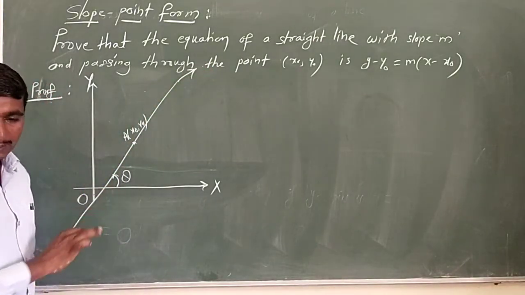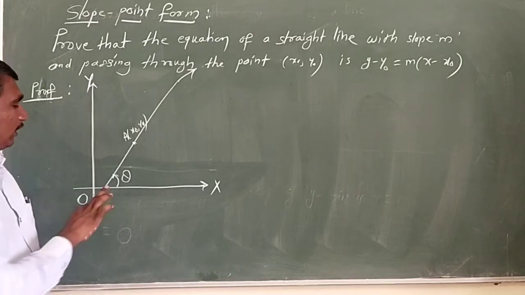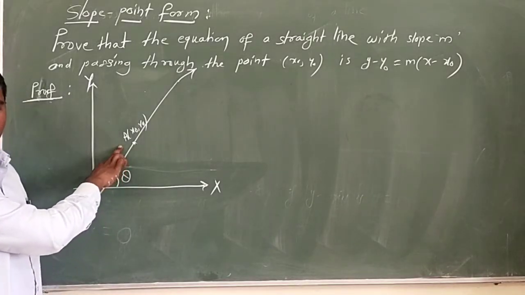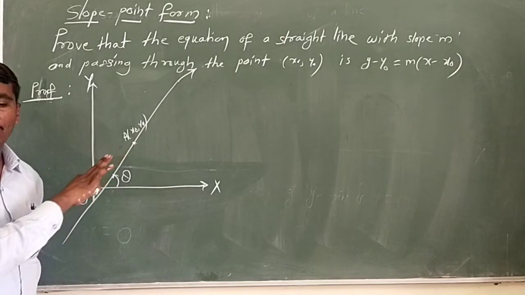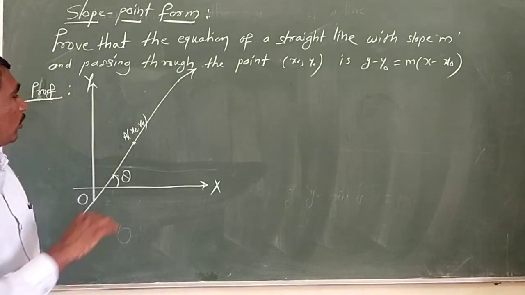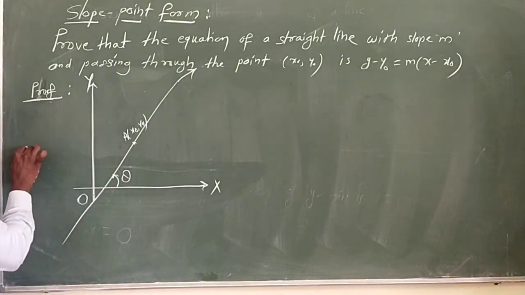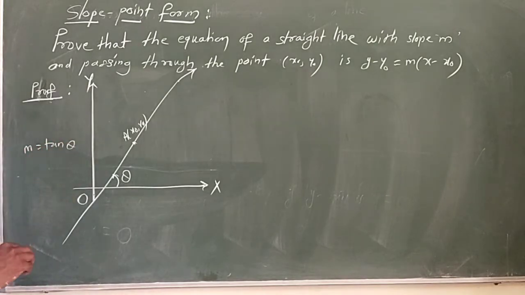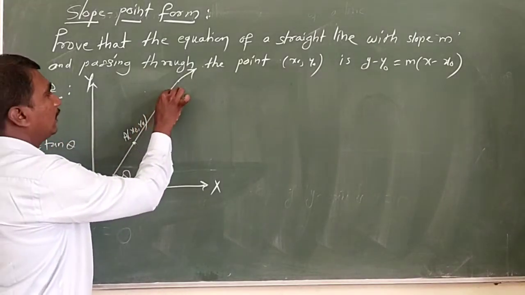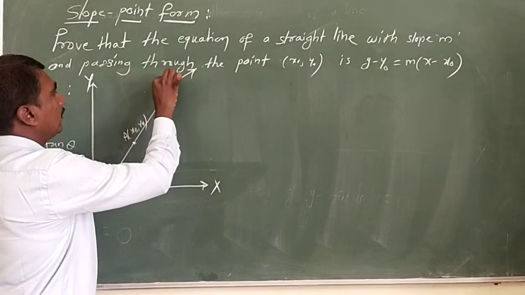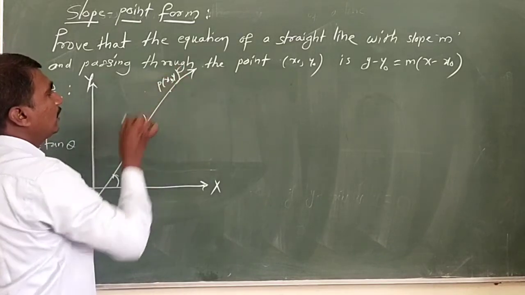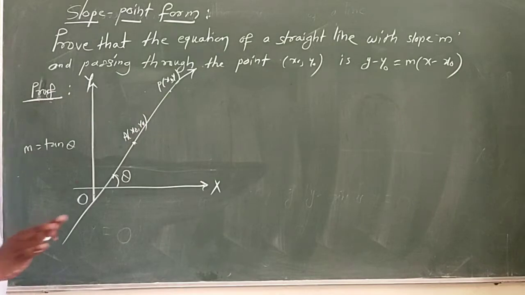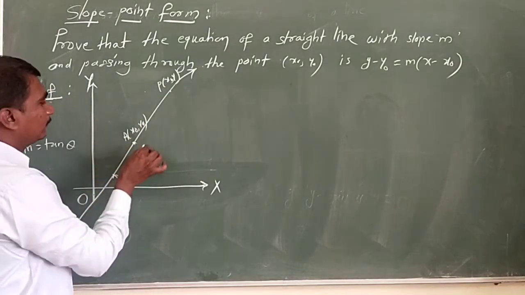Let theta be the angle made by the line with respect to the x-axis in the anticlockwise direction. So therefore we take m is equal to tan theta, that is, slope m is equal to tan theta. Let us consider P of x, y to be any point on this line.